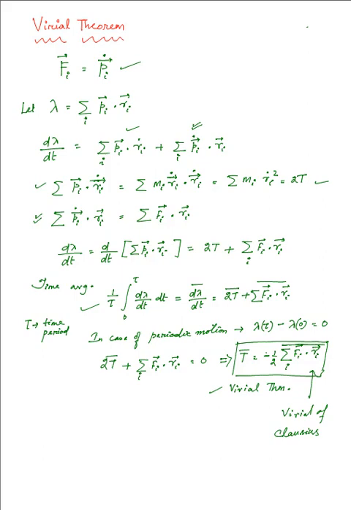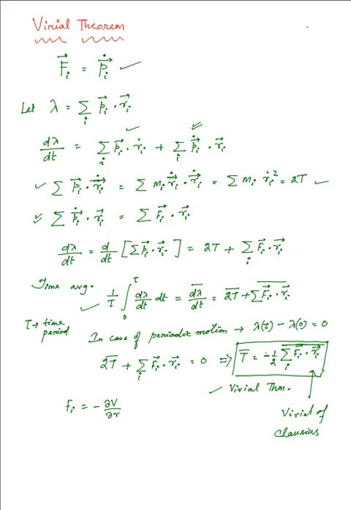Now F_i, as we know, is a conservative force in case of the central force cases. So F_i is equal to the negative of del V over del r, that is the partial derivative with respect to the potential.